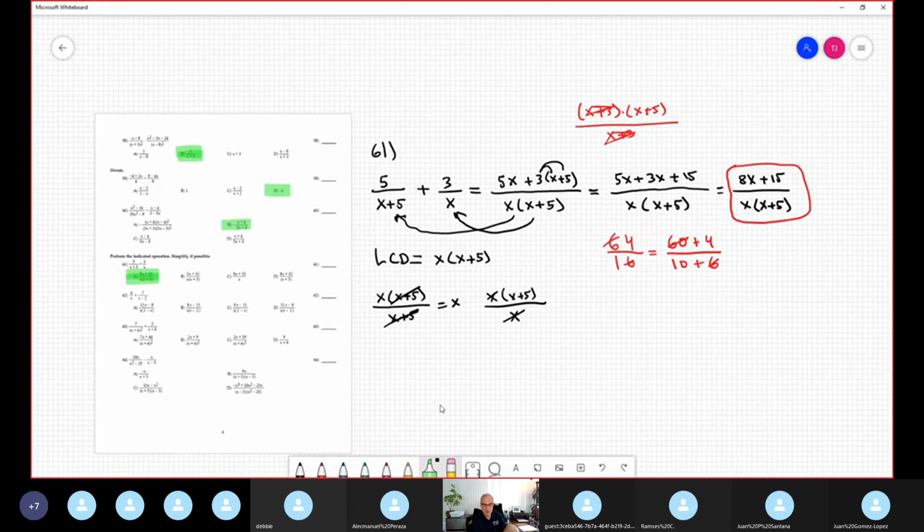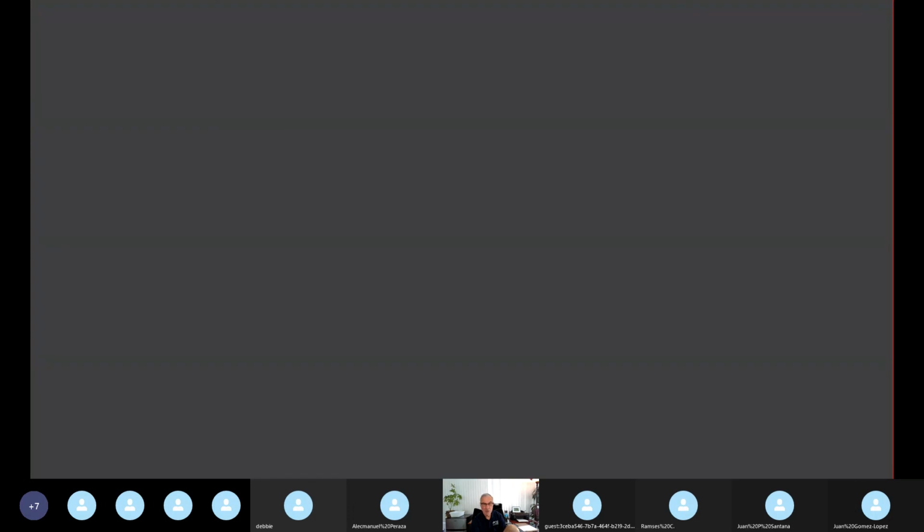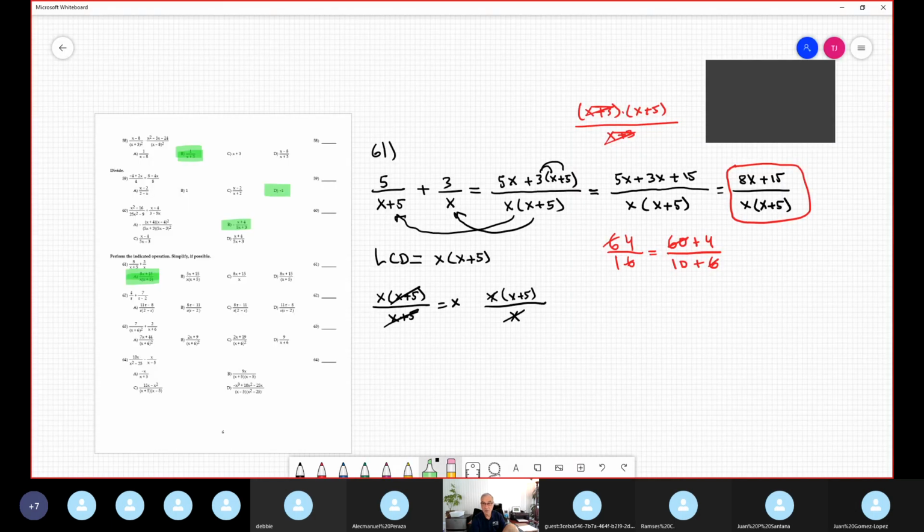Do you understand the difference between addition or subtraction? When you're adding or subtracting, you need to create artificially the same denominator. Our original problem has different denominators that you need to condense using the least common denominator.